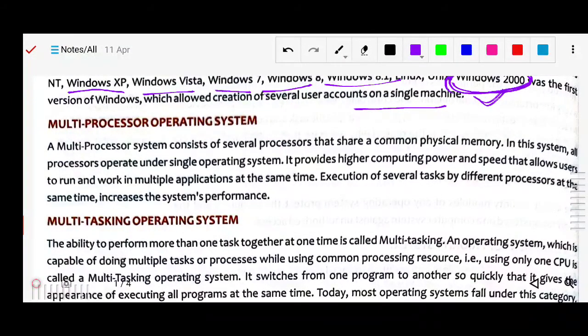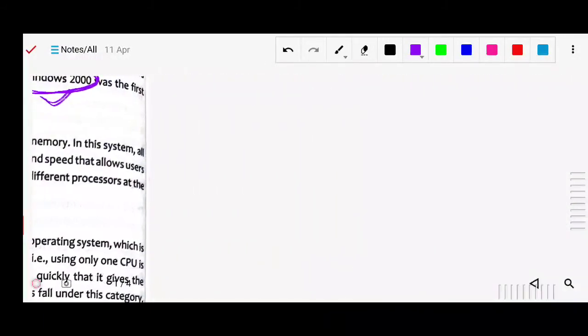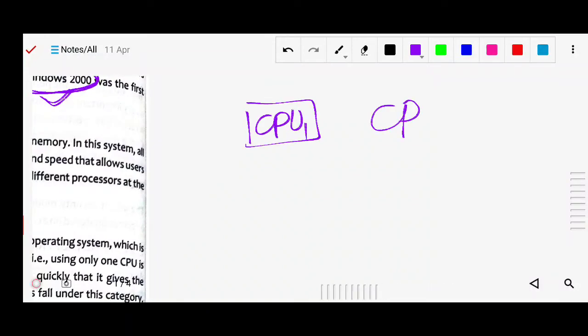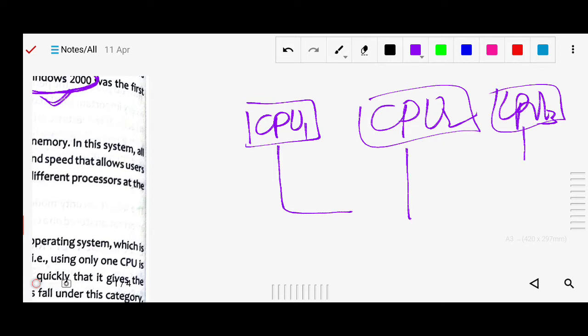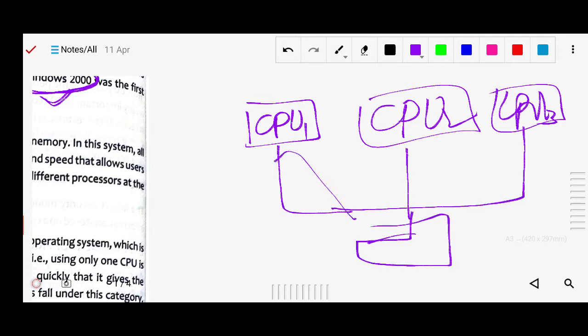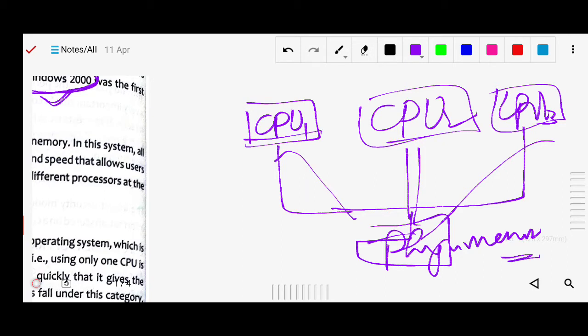To understand multiprocessor, many CPUs will work, like CPU 1, CPU 2, CPU 3, likewise many CPUs will be there, and all these CPUs will share one physical memory. So this is your multiprocessor, where there are many CPUs.